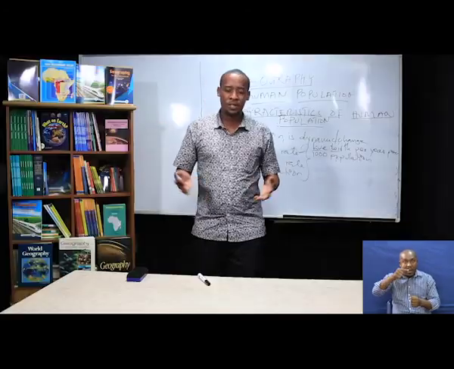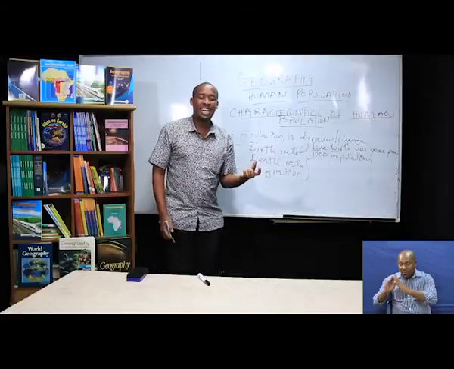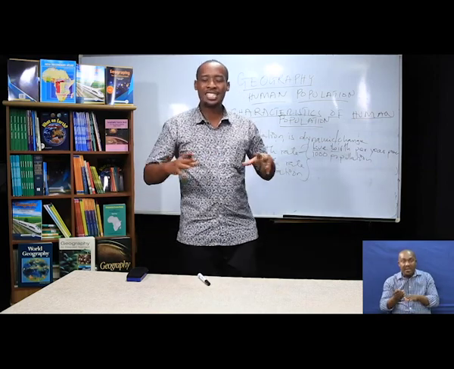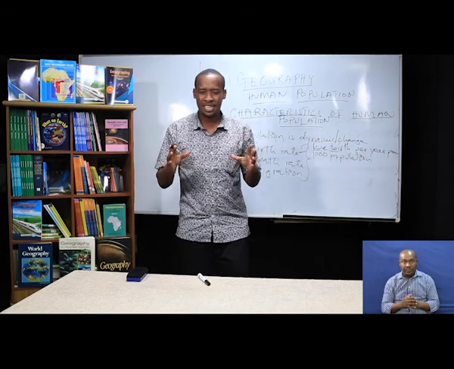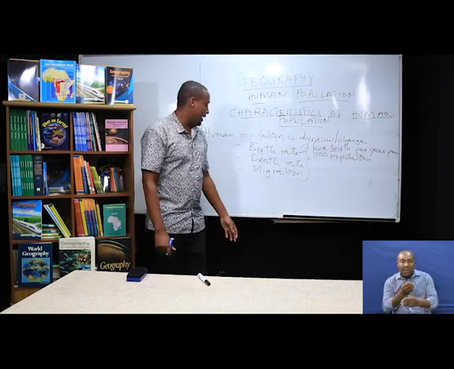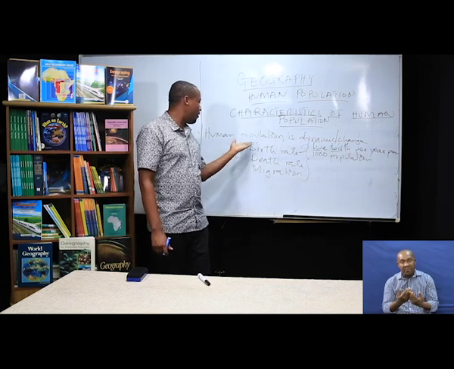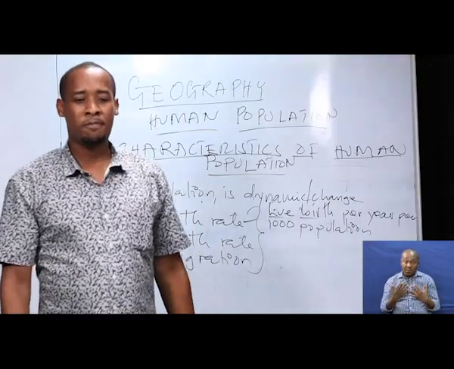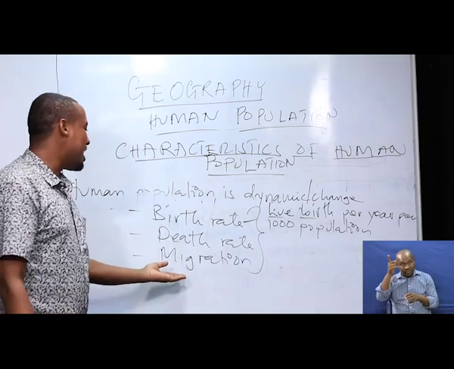So this leads to a reduction in death rate. Having enough hospitals, nurses, and doctors again contributes to the decline in death rate. So the case of death rate is well understood. Then, migrations.